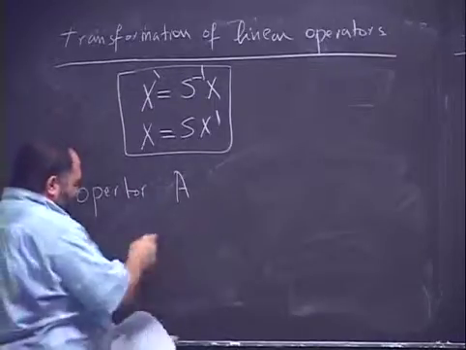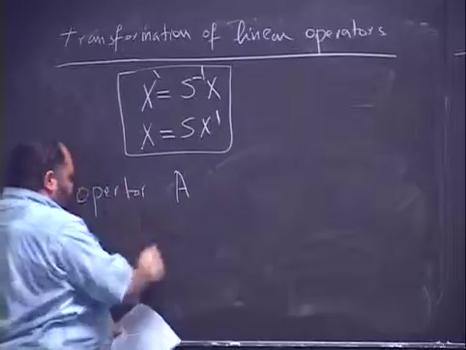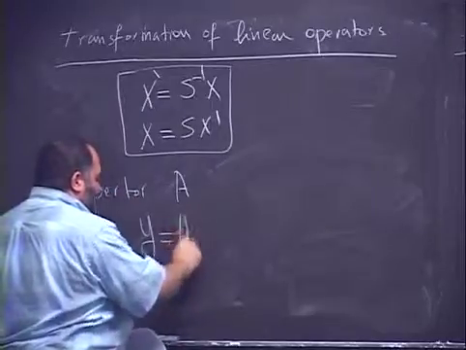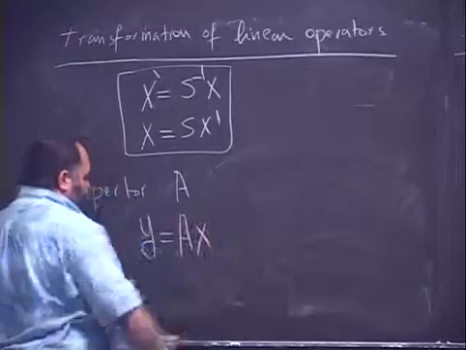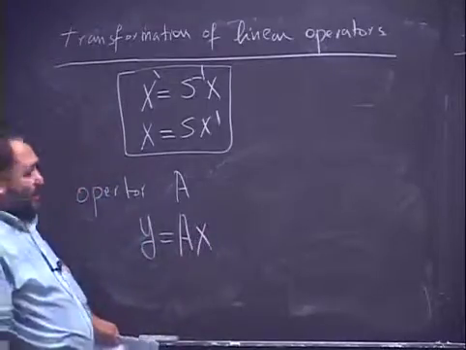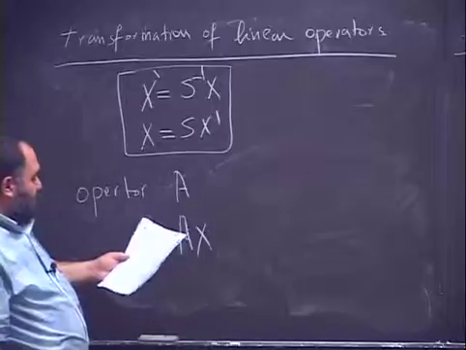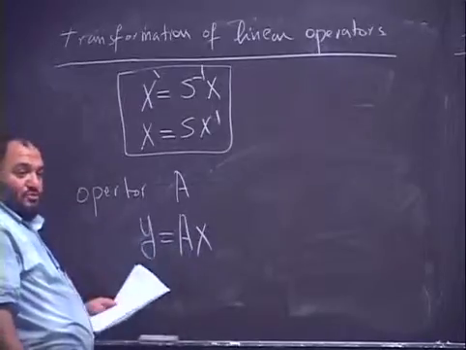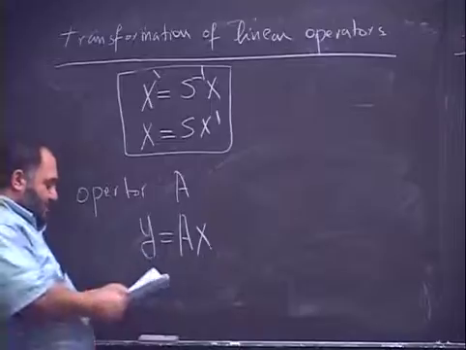Now, let's assume that we have an equation. This operator equation says that y equal to A multiplied by x. And now, we want to see how we can transform this operator here.